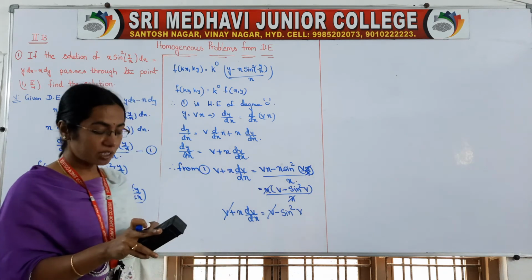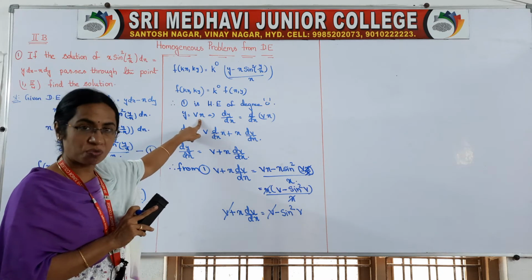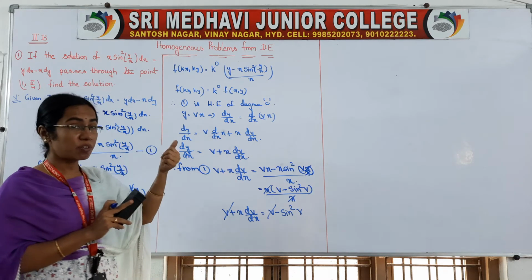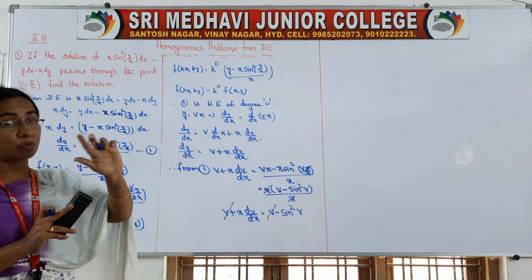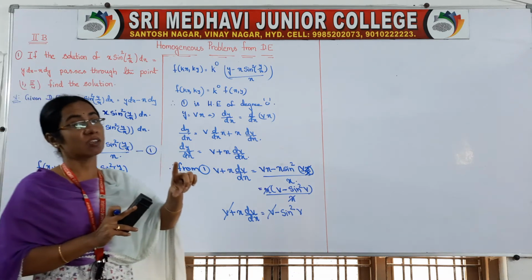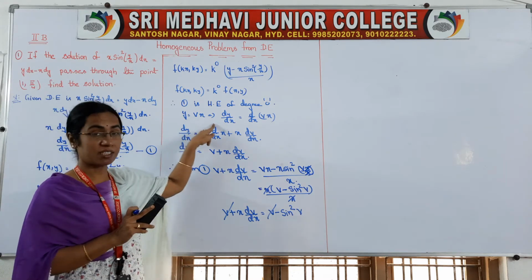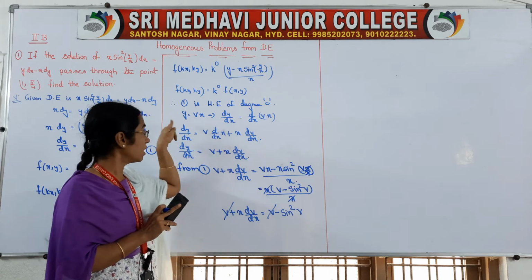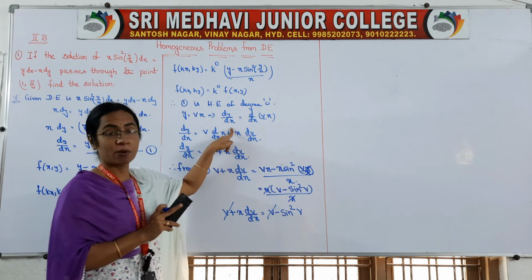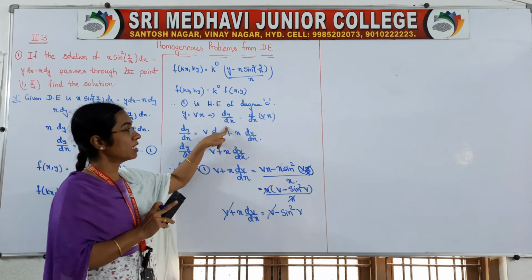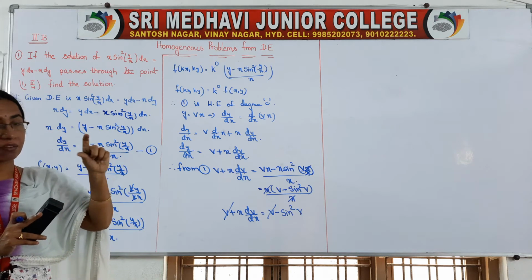Okay, so in all these homogeneous problems, once the confirmation is over that the given equation is a homogeneous equation, then we have to take y is equal to vx, and with that y we have to find dy by dx. Once we got dy by dx and y is equal to vx, we substitute in the original equation.